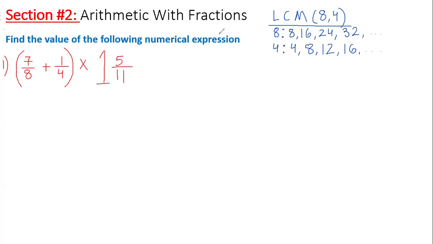What is the lowest common multiple of 8 and 4? What is common in both 8 and 4? That's the lowest one. 8. So clearly 8 is the lowest common multiple. Therefore, we have 8. Let me make that very clear.